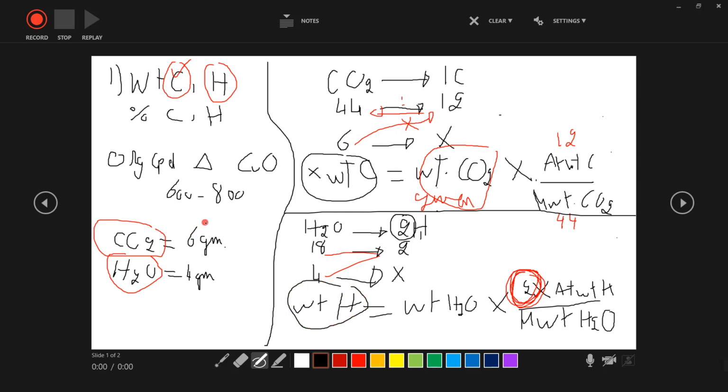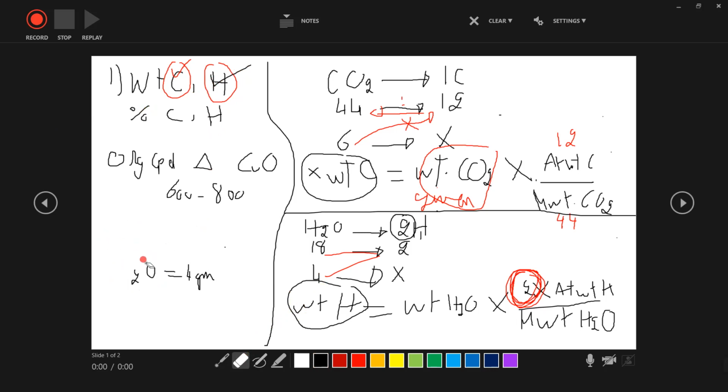Like this, our conclusion is that we should study in all what we explained only two equations. The equation of weight of carbon equal like this, and the equation of weight of hydrogen equal like this, and like this I was able to obtain both weight of carbon and weight of hydrogen. Okay, what remains for me is the percentage. The percentage is something very easy.